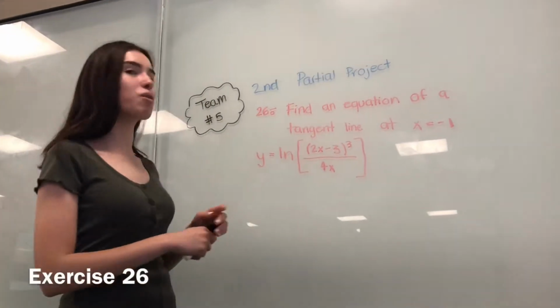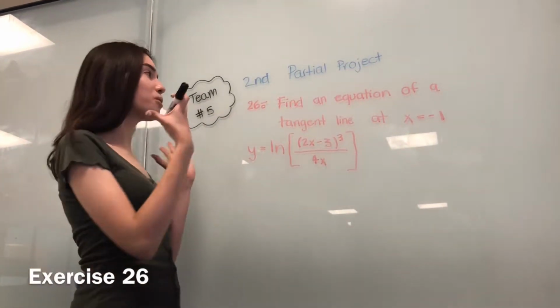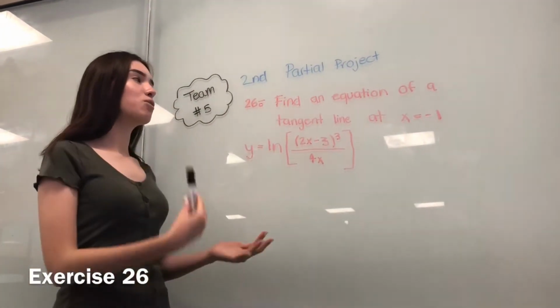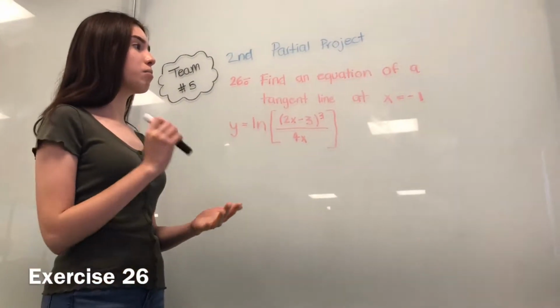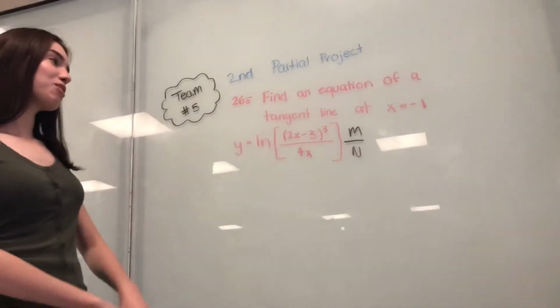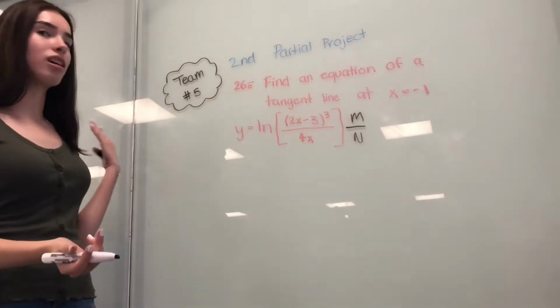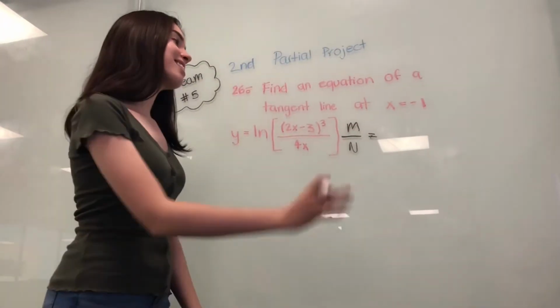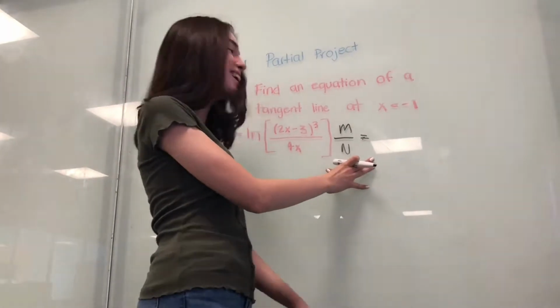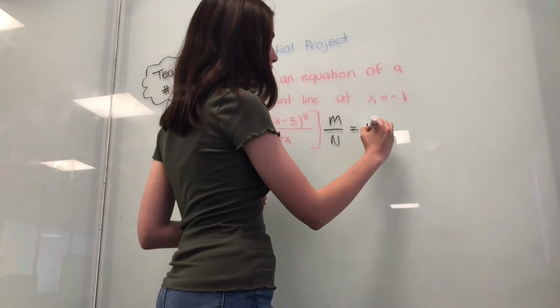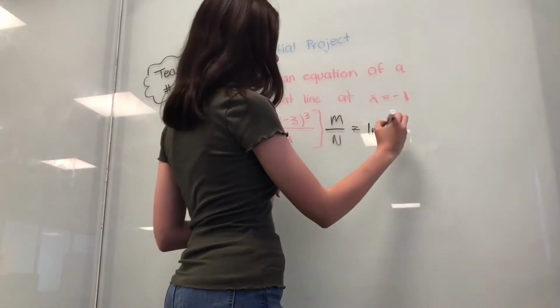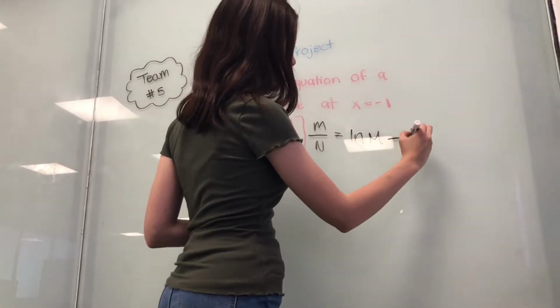Okay, so now we're going to do exercise 26, which says to find an equation of a tangent line at x equals minus 1. First of all, we're going to apply the logarithmic rules, which say that if I have a fraction, it is going to split, so it's going to be like this.